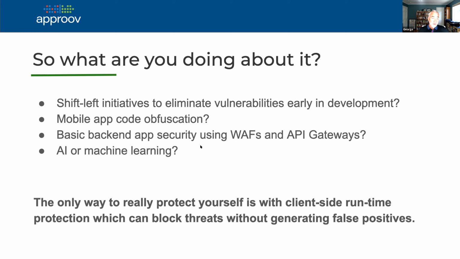The third one is, you're probably using WAFs and API gateway security, and there is some basic security there. But the issue with that is that it's really oriented towards web apps and browser-based access. And really, they are very heavily oriented towards protecting that kind of web app access, and they're not really relevant for the mobile use case.